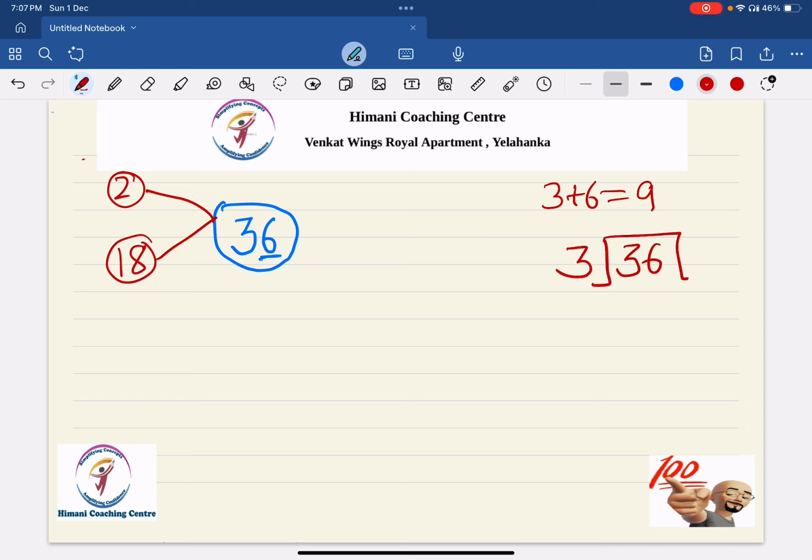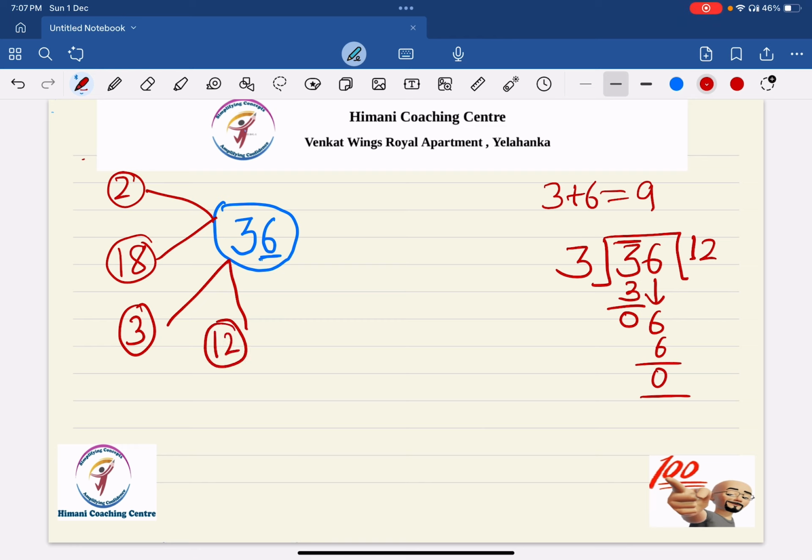So let us divide. See, 3 and inside the unit digit is 3, so equal. So we will divide this. 3 ones are 3, 0, and then comes 6, and 3 twos are 6. Remainder is 0. So now we understand that 3 and 12 both are factors of 36.